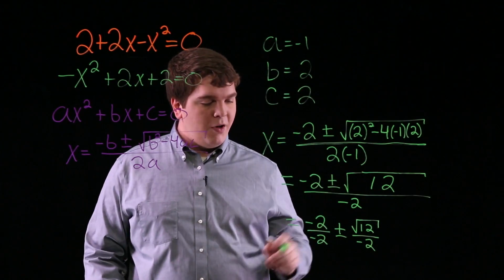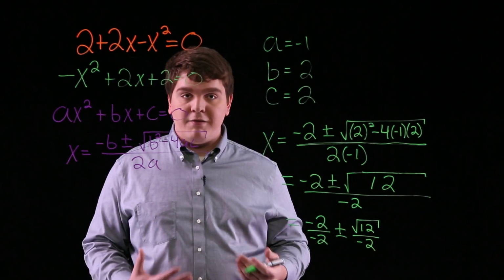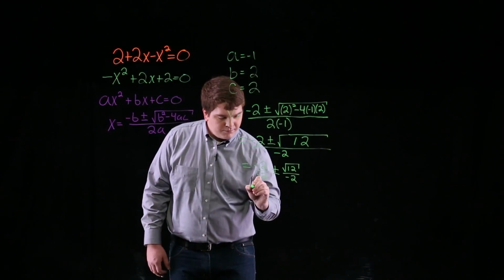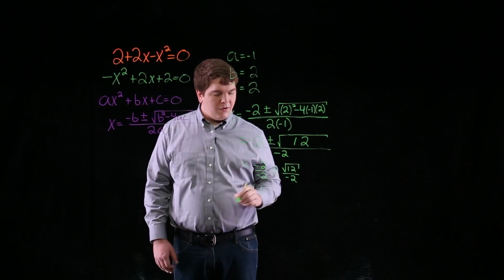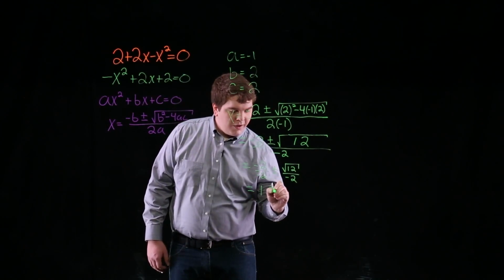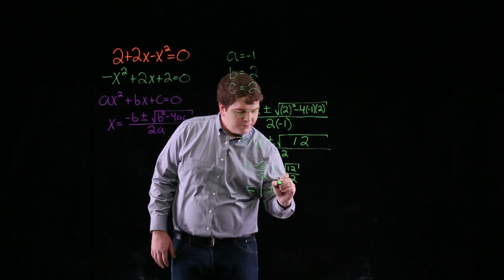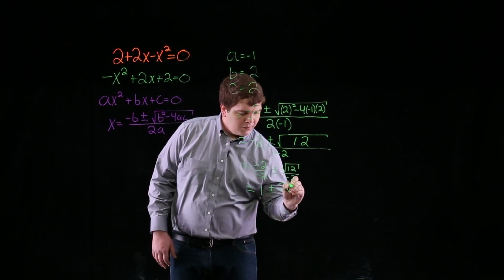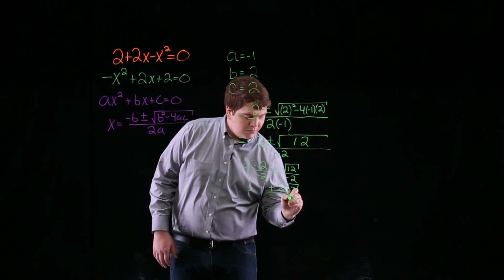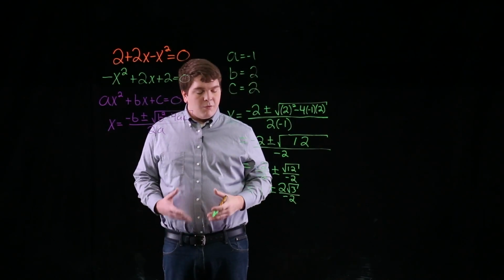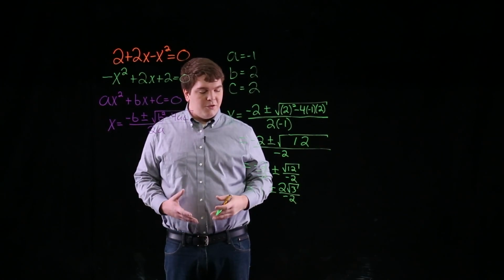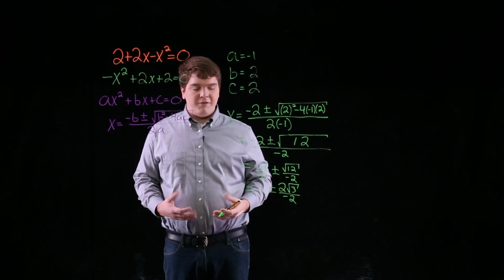Well, on the left-hand side, we have negative 2 divided by negative 2 is just 1. And the square root of 12 is equal to 2 times the square root of 3. So what we have is 1 plus or minus 2 times the square root of 3 divided by negative 2.